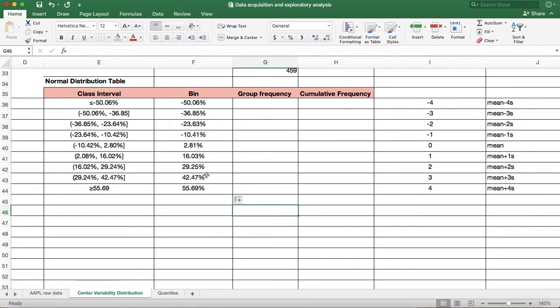The corresponding mathematical meaning of the bin is this line. So we are going to calculate the group frequency. Highlight all the cells we want to fill the data in. And then go to the formula bar, type equal frequency.